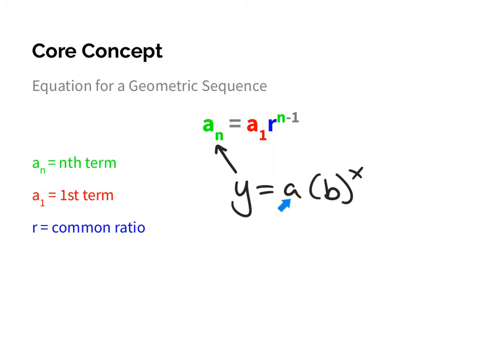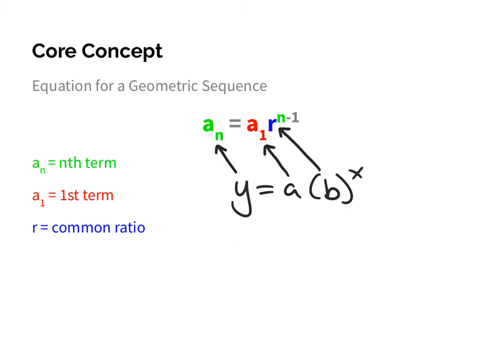In all exponential functions, we started with some value, called that a. That was our initial amount. Well, a is going to be represented here by a sub 1. A sub 1, like the delicious steak sauce, would be our first term, where we are starting. Then we always had a multiplier b. So b is our multiplier. Well, in this case, our multiplier is that common ratio called r.